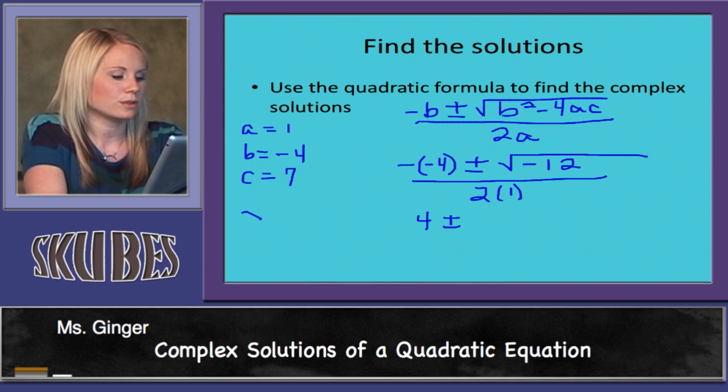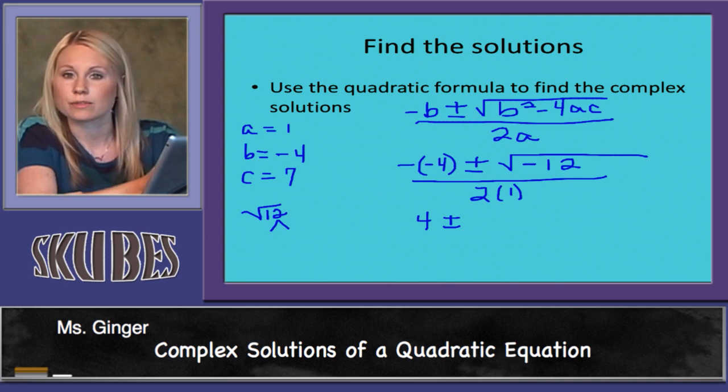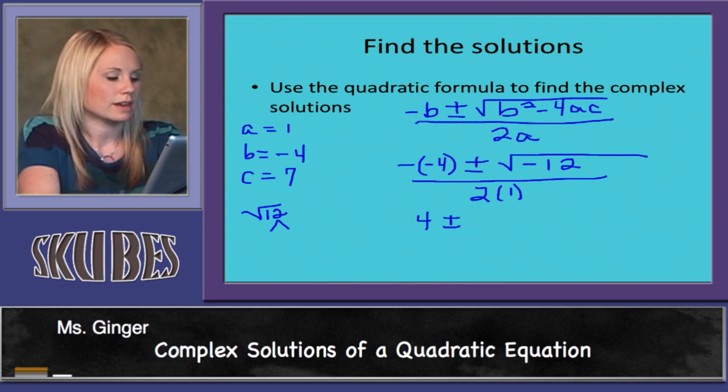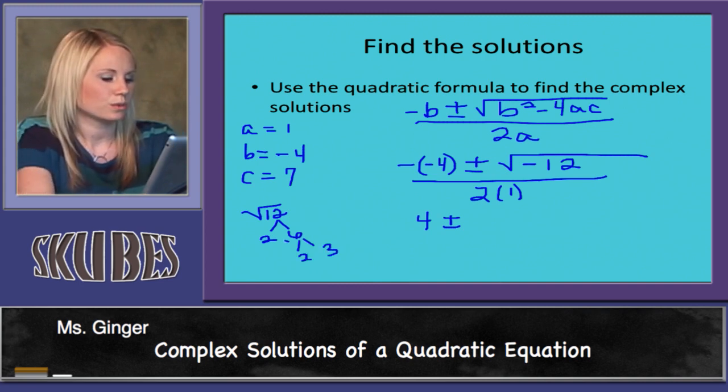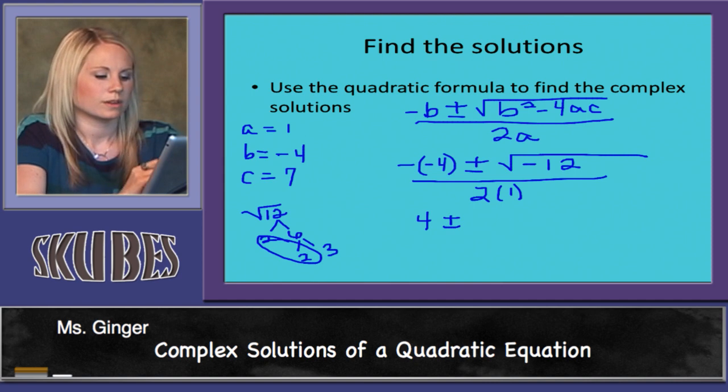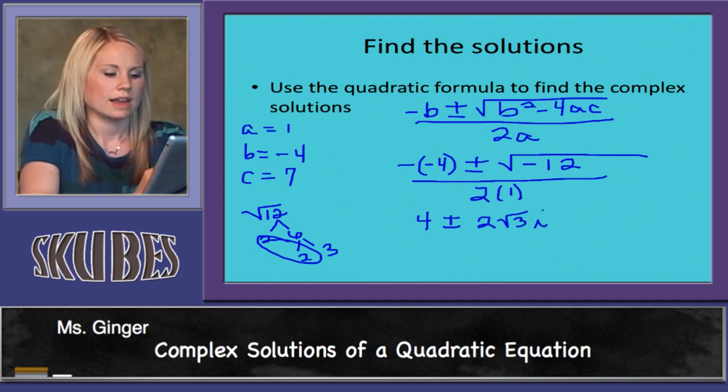All right, I'm going to do a little bit of side work here, because the square root of 12 can actually be simplified even further. If we break that down into a factor tree, I'm going to have 2 root 3. So that simplifies to 2 root 3. I'll keep my i, and 2 times 1 on the bottom is 2.